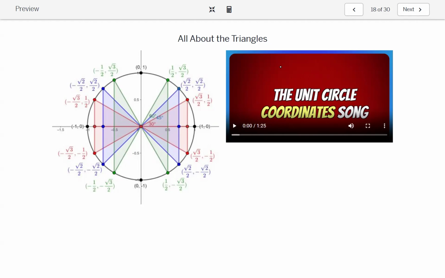And as you fill in that chart, if you haven't done it already, this is another nice pattern to look at. Because if you know quadrant 1 and you know about this pattern, you know the other 3 quadrants. Now there's a song you can play on your own time that can help with that.